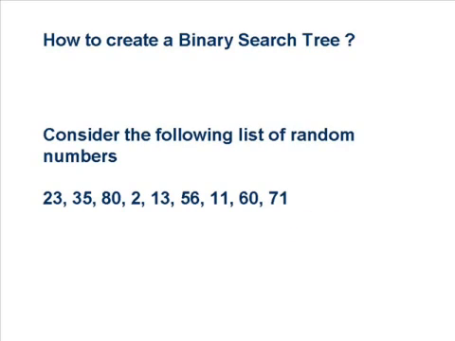Now, how to create a binary search tree when a list of random numbers is given? Consider the following list of random numbers: 23, 35, 80, 2, 13, 56, 11, 60 and 71.